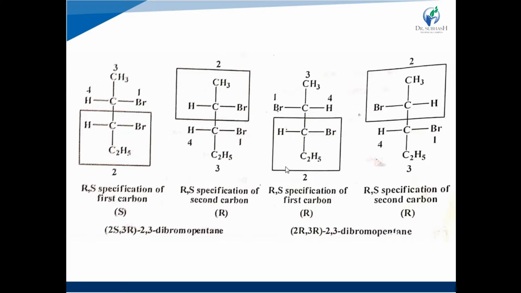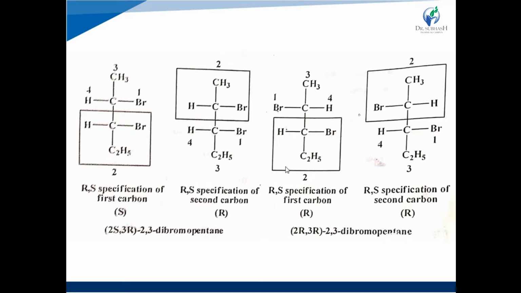The prefix 2S3R indicates the second carbon is of S configuration and the third chiral carbon is of R configuration, right? Same in the fourth isomer, R and R configuration is decided, and it is nomenclatured as 2R 3R 2,3-dibromopentane, right?